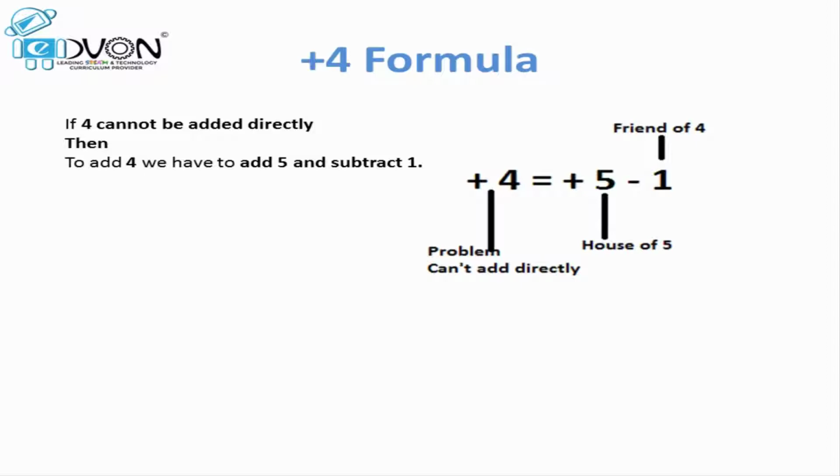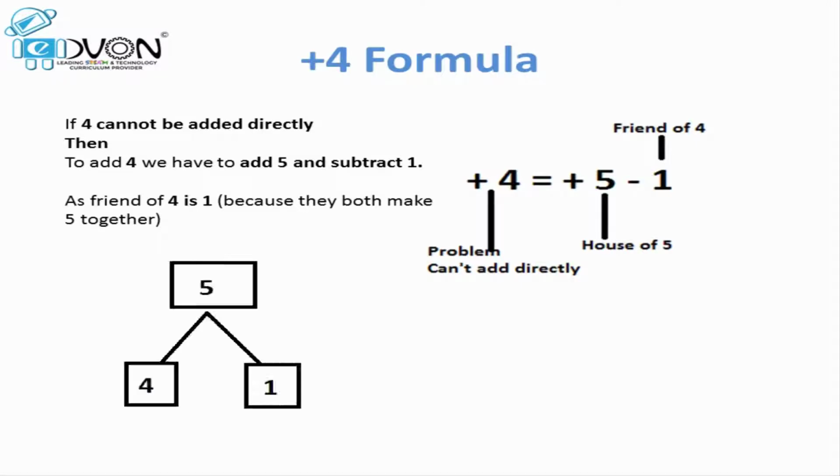Here, +4 is our problem, +5 is house and -1 is friend of +4. As when we add 4 and 1 together, it results in 5.